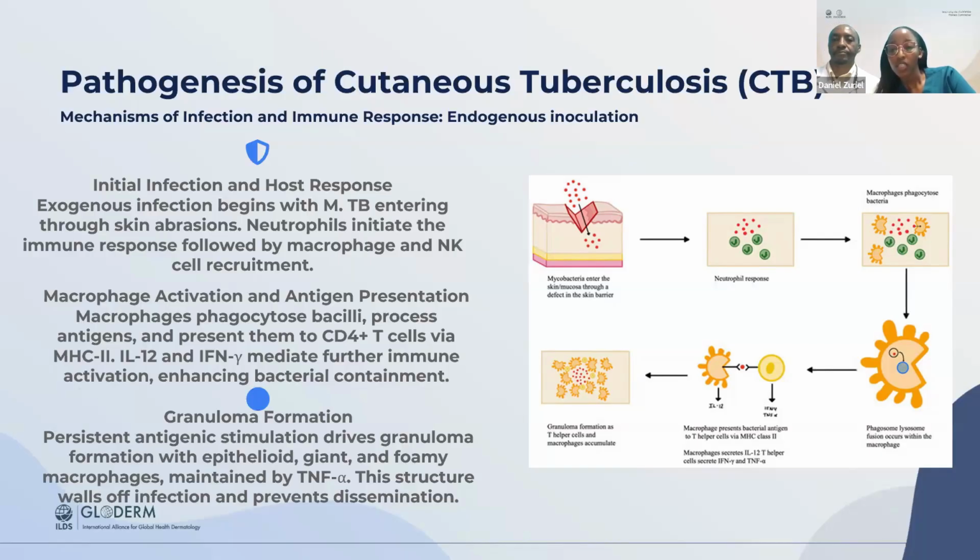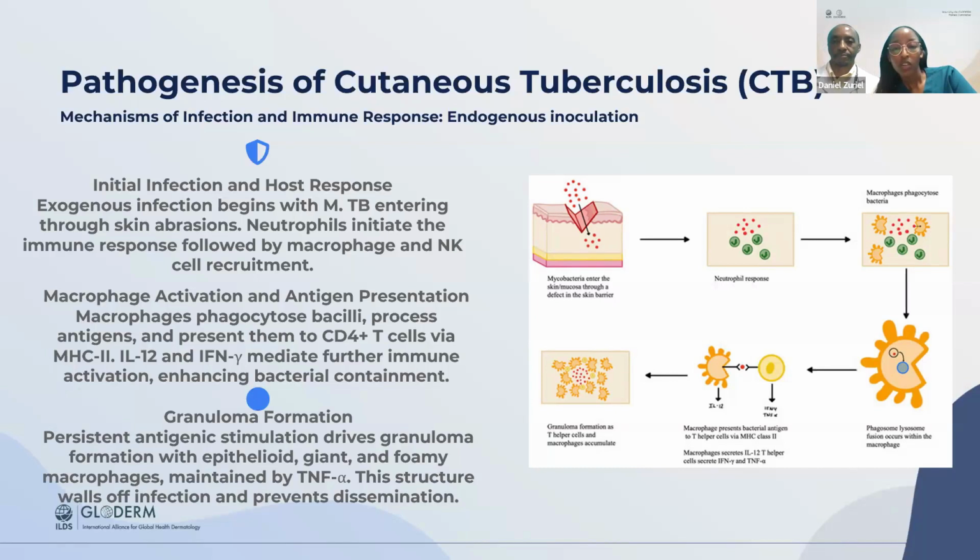And as more macrophages are drawn into the area with the infection, they continue to proliferate and they differentiate into epithelial cells. And these epithelial cells typically tend to try to wall off the organism so that it can prevent further spread of the disease. So the end result is the formation of the granuloma.